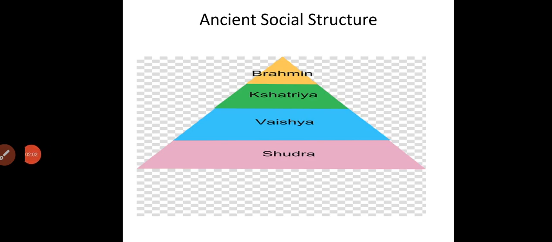Now let's talk about the ancient social structure of this civilization. They divided this civilization into classes, or a caste system. After the king, the first class is the Brahmins.